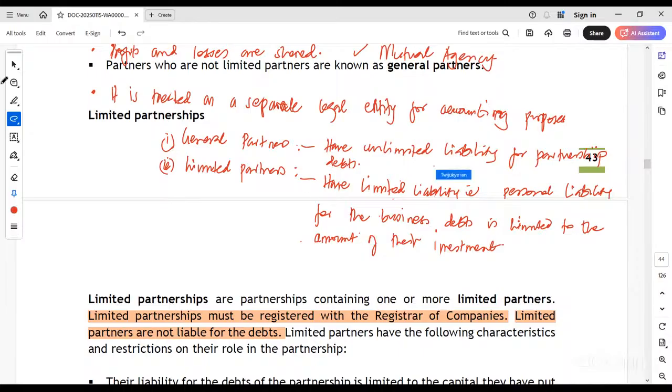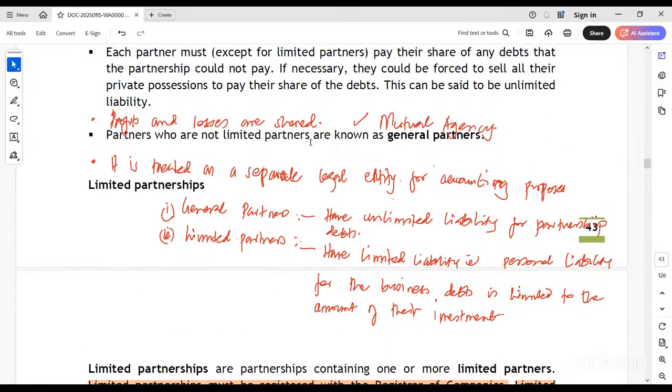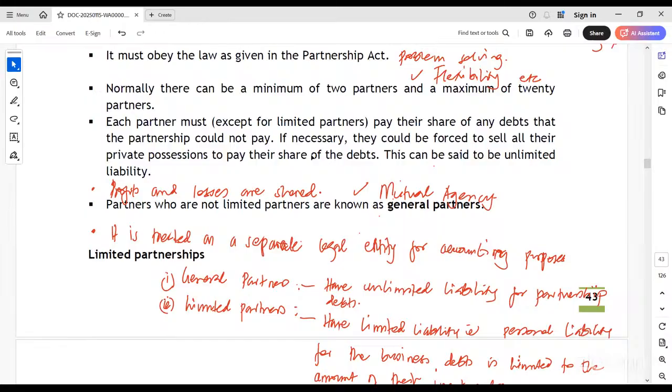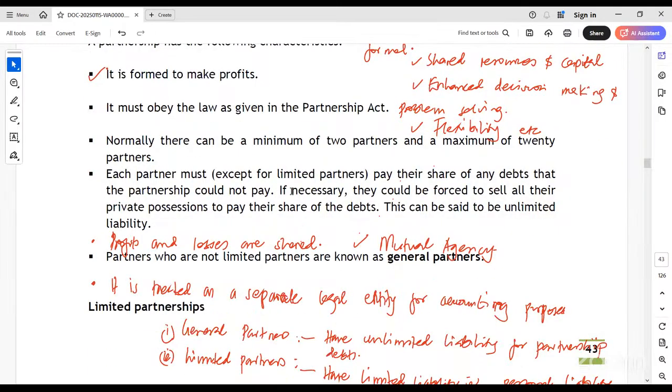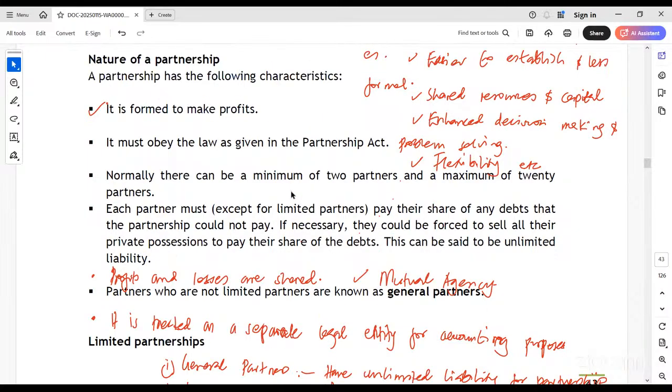Now, to go back to his question, he's talking about the partnership being treated as a separate legal entity for accounting purposes. If it's not a limited partnership, then one of the characteristics of partnerships is that the partnership is treated as a separate legal entity.